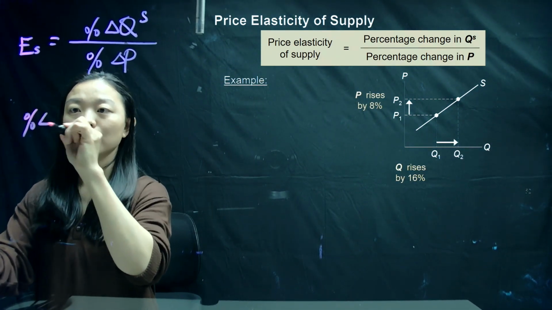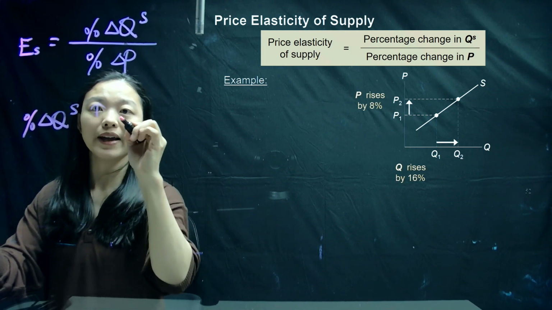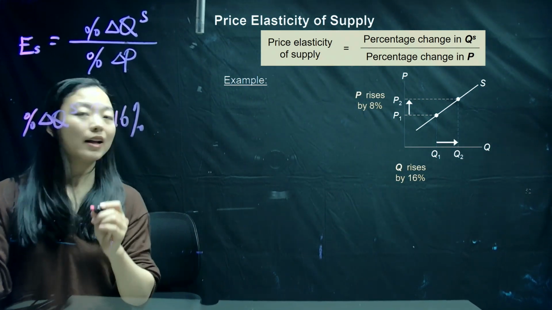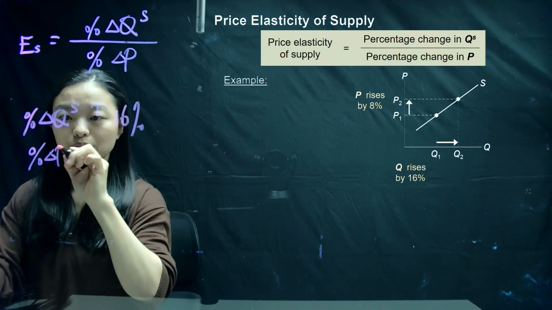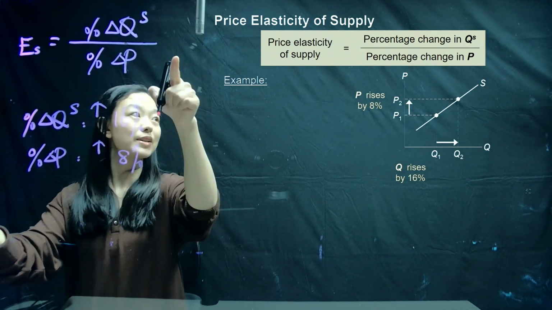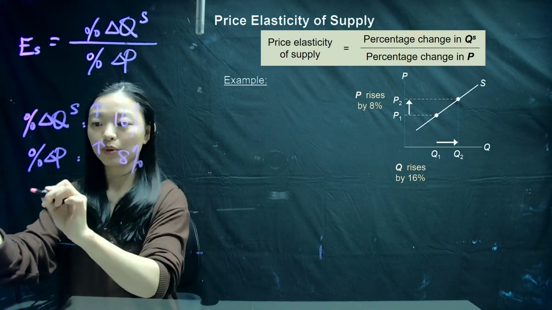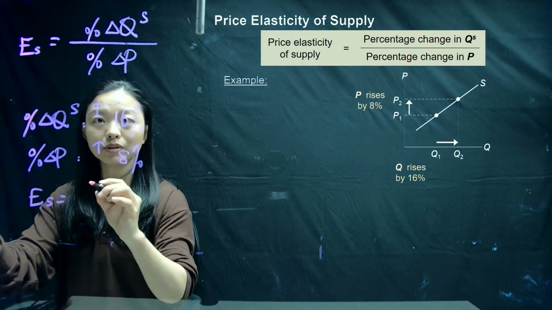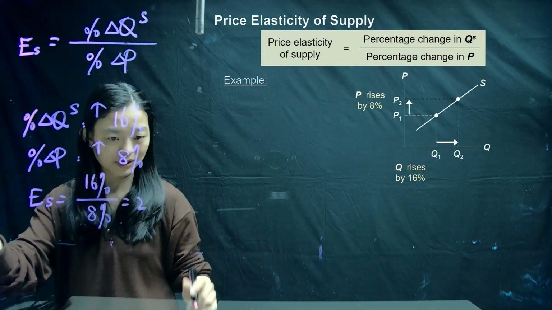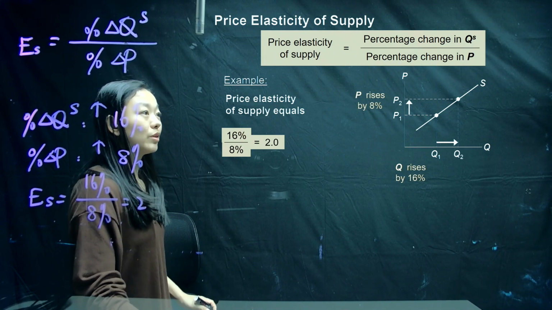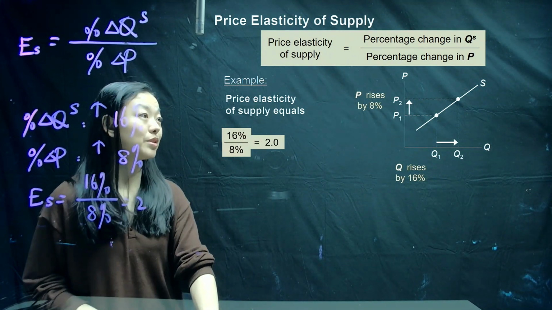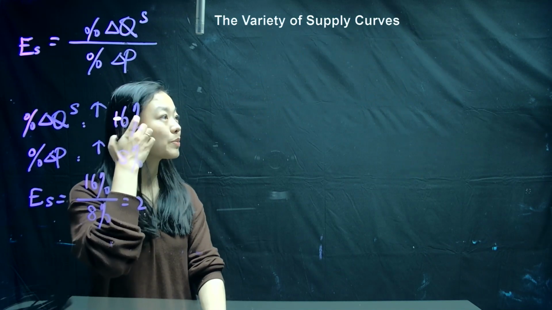The percentage change in quantity supplied is 16%, and the percentage change in price is 8%. Put those numbers into this formula: the elasticity of supply equals 16% divided by 8%, which is 2. So it's easy to get a price elasticity of supply equal to 2. Now let's move on.